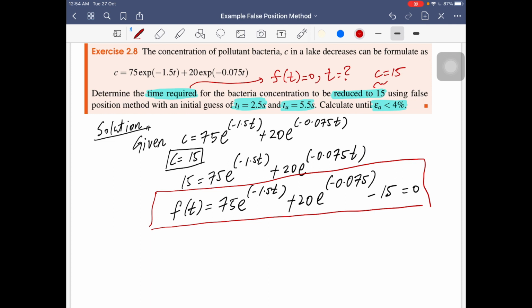Alright, so let's start our first iteration. So we have t, the starting value, bounded by 2.5 and 5.5. I omit the unit first.